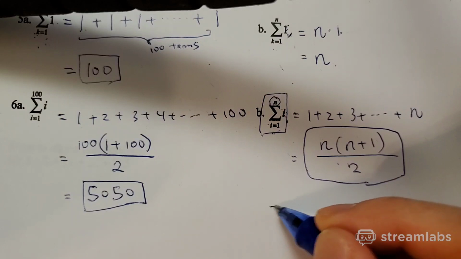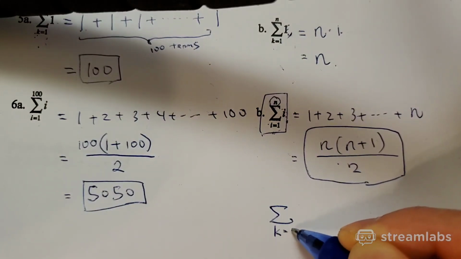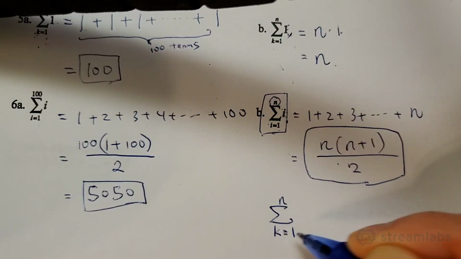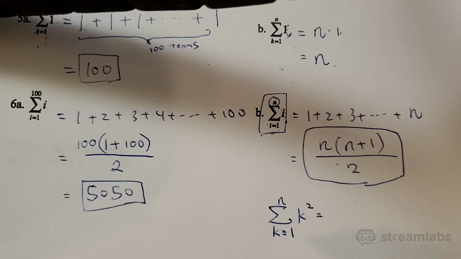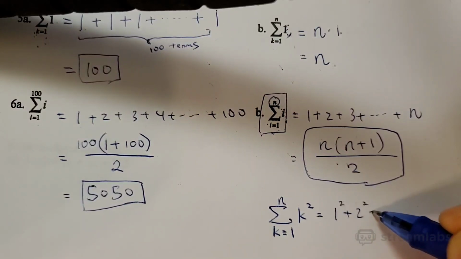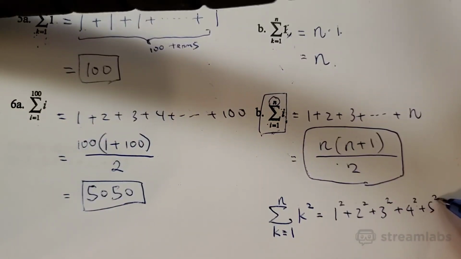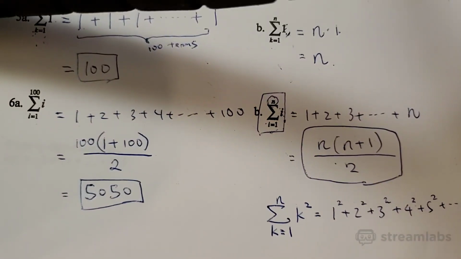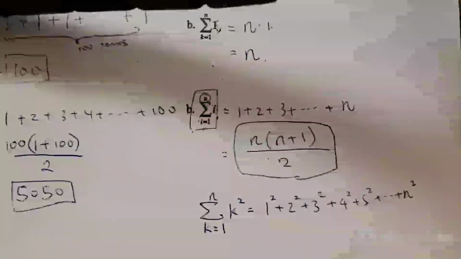Let's look at this. From k equals 1 to n of k squared, okay? So there are many ways to prove what this ends up being. So this is 1 squared plus 2 squared plus 3 squared plus 4 squared plus 5 squared plus all the way to n squared, okay? Like this.